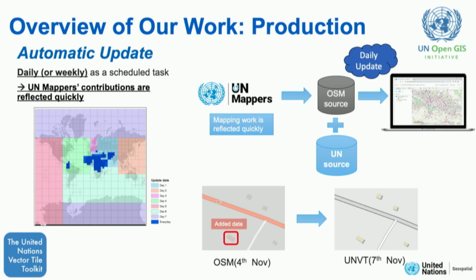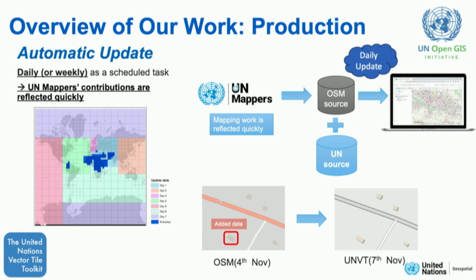In the UN, there are several peacekeeping missions, especially in African regions, around here. So these dark blue regions, we set those areas as priority areas, showing dark blue in the map, because we focus on those areas. So we update them daily.